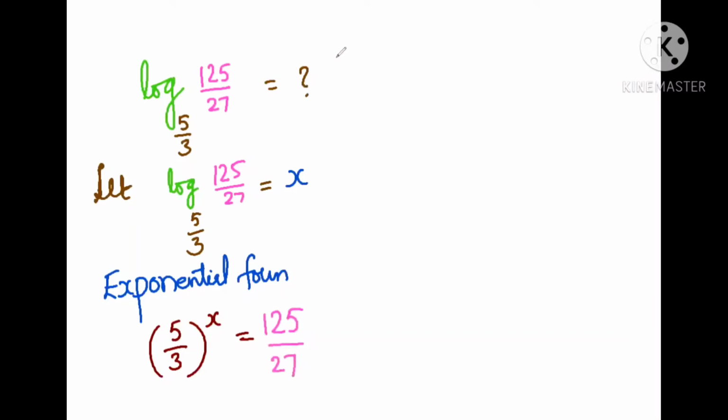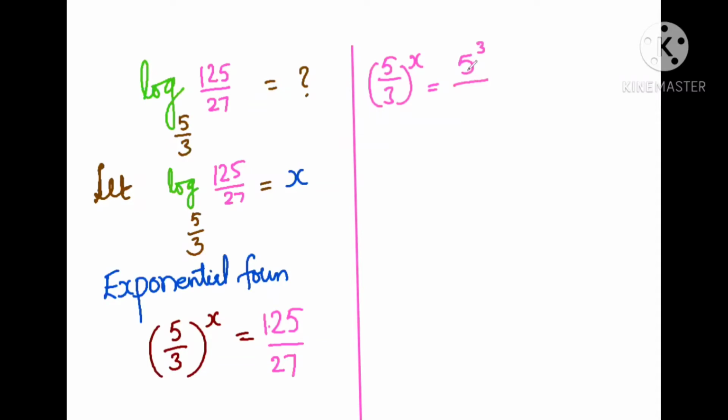Now 5 by 3 whole to the power of x is equal to, 125 can be written as 5 cube, 5 into 5 into 5. 5 5s are 25, 25 5s are 125. Similarly, 27 also can be written as 3 cube, 3 into 3 into 3. 3 3s are 9, 9 3s are 27.